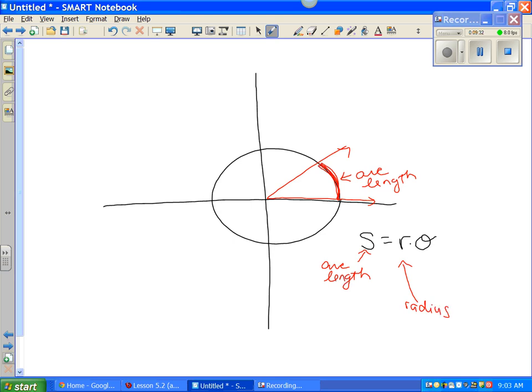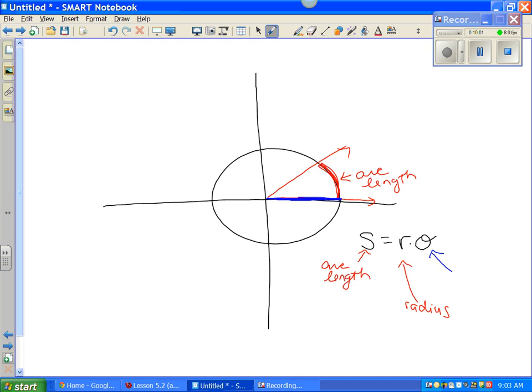Okay, so this right here would be your radius, where the arc meets the segment, okay? Ray, I guess. And theta? What's theta? What do we use theta for? What does theta generally represent?